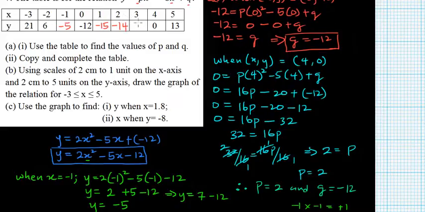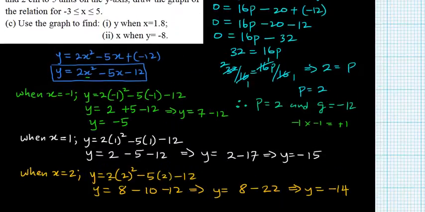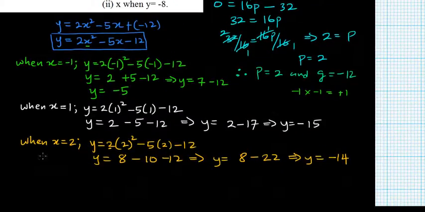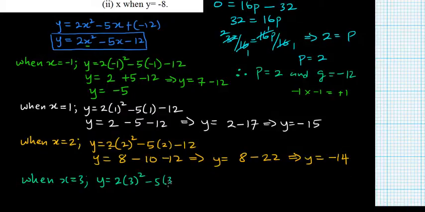So when x is 3, let's find the value of y. When x is equal to 3, just substitute x for 3 in this relation. We'll have 2 times 3 squared, minus 5 times 3, then -12. This will be y is equal to 3 squared is 3 times 3, which is 9.